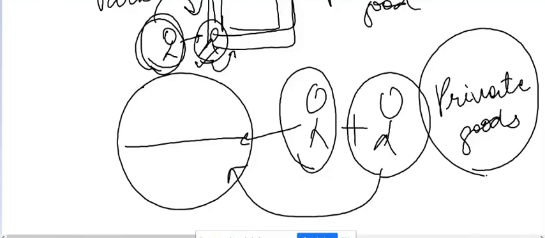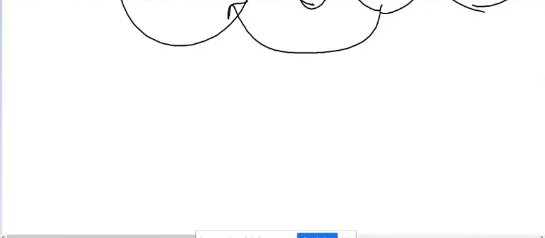The consumption remains the same. Whereas in a private good, the consumption by one individual reduces the consumption for other individuals. If this is the case, let's understand what happens to the demand curves.